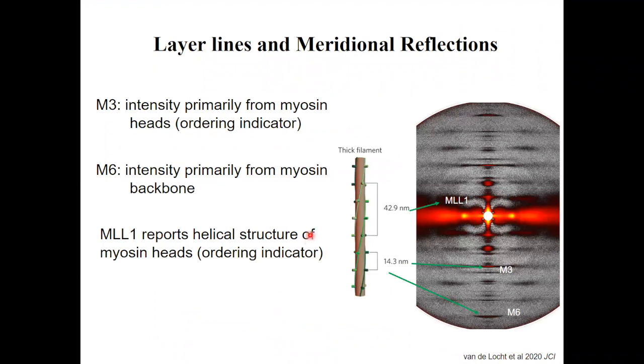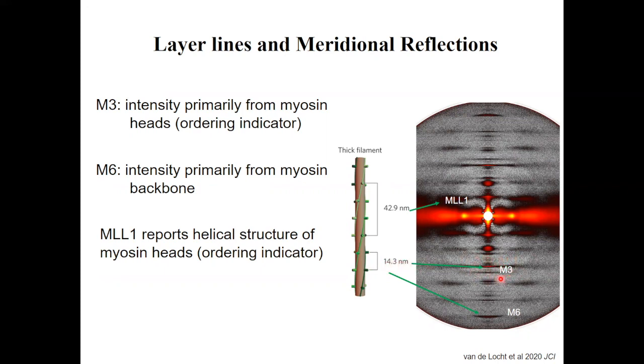Next is the origin of layer line and meridional reflections. The meridional reflections report the axial repeat unit of the myofilament. The axial displacement of adjacent myosin heads is 14.3 nanometers. So you have this M3 reflection at 1/14.3 nanometer in reciprocal space.